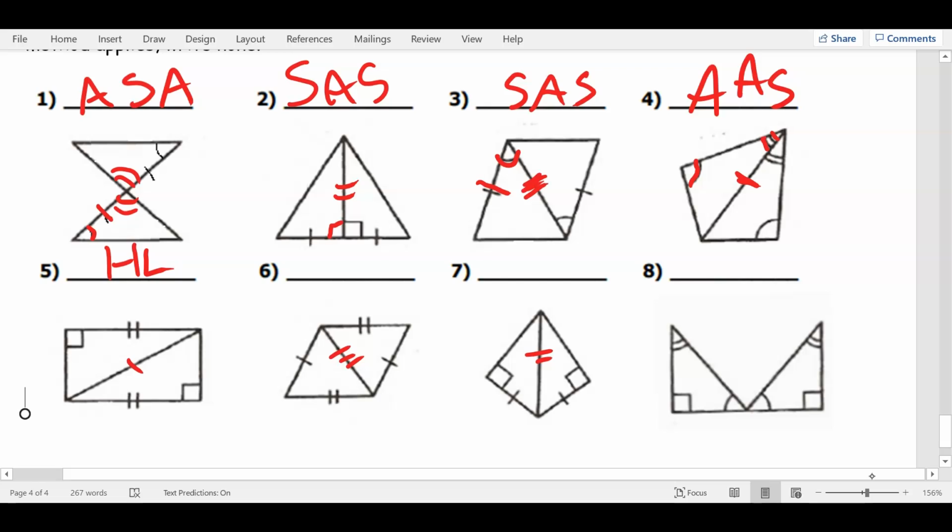Now, number 6. Side. All 3 sides have matching tick marks. Side. Number 7. I see an angle. I see a side.